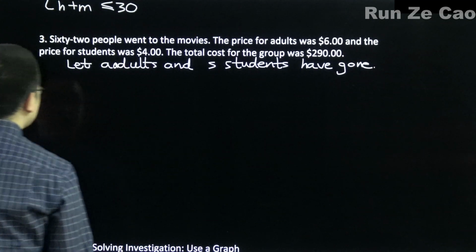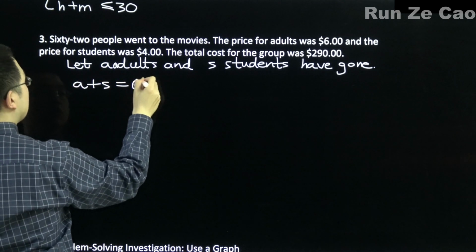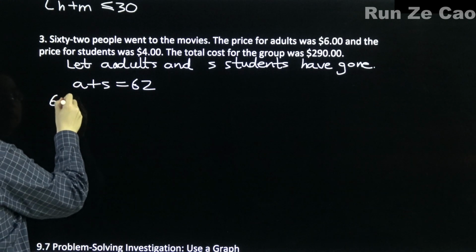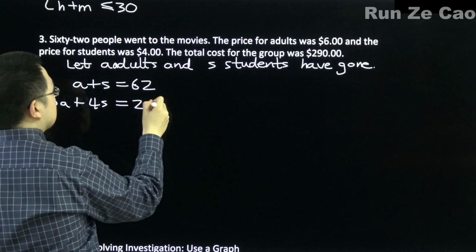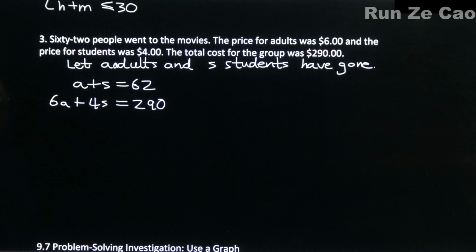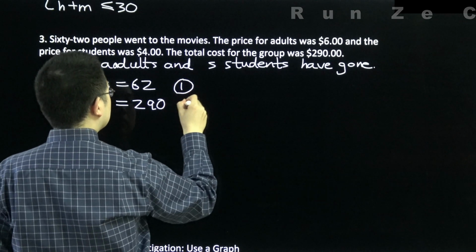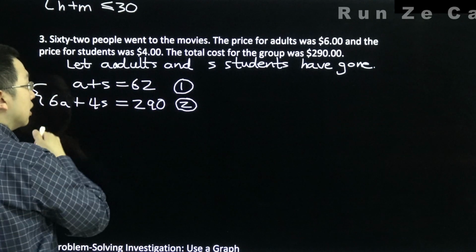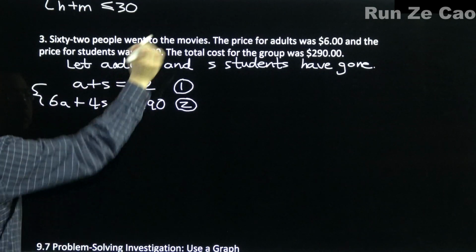That leaves us with A plus S equals 62 and 6A plus 4S is equal to 290. If I had to solve this, I would do... This is your system of equations, by the way. This is it for what the question required. But I'm going to show you how to solve this.